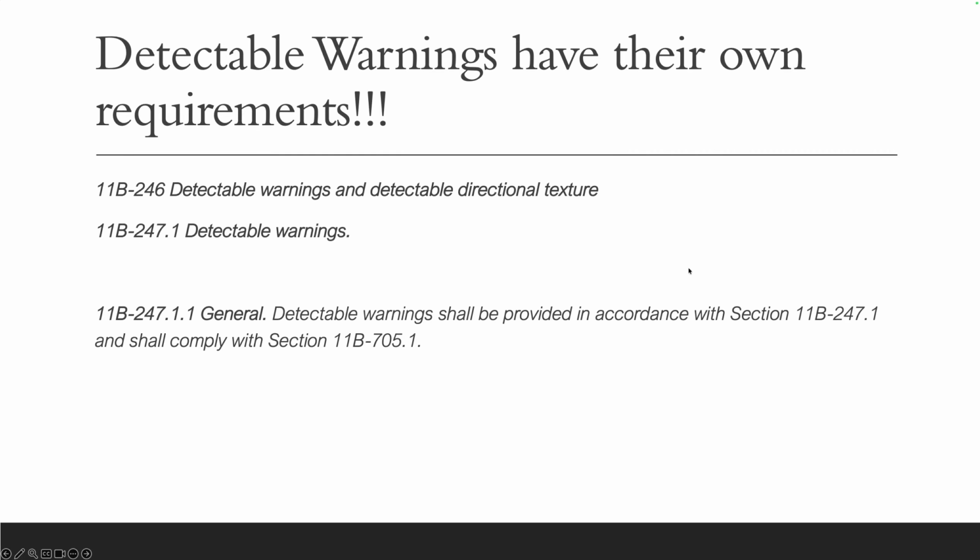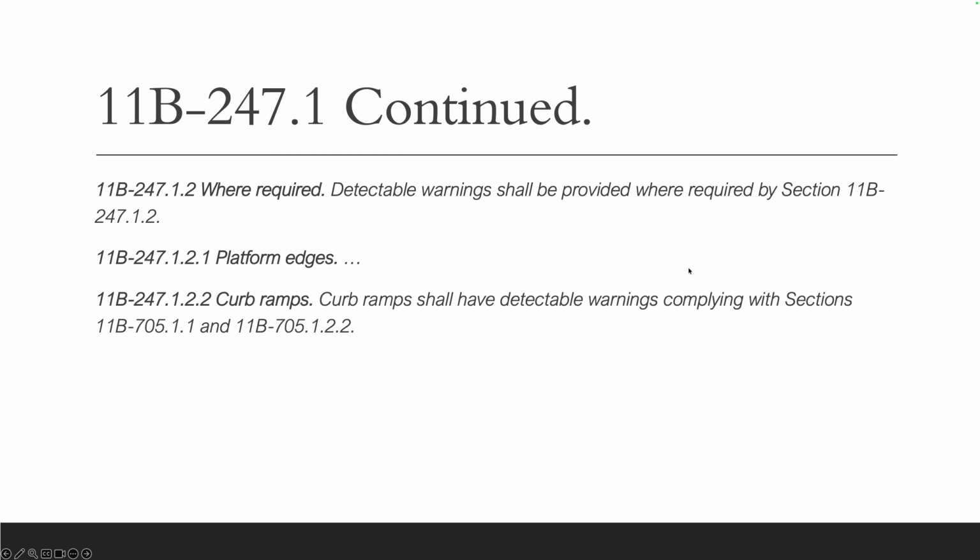So let's keep going. Let's dig into those. 247.1 continued is telling us where detectable warnings need to go, and it's saying they have to be provided as required by 11B 247.1.2. A lot of references in this stuff. So let's go to 247.1.2.1. That's platform edges. Outside the scope of this video, it's good stuff, but we're not talking about it today. So next, 247.1.2.2, that's curb ramps.